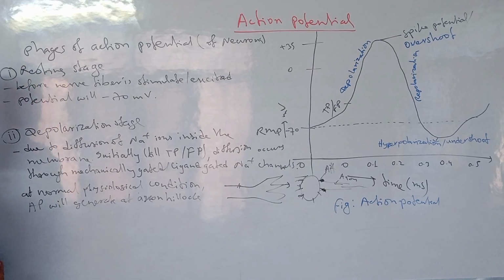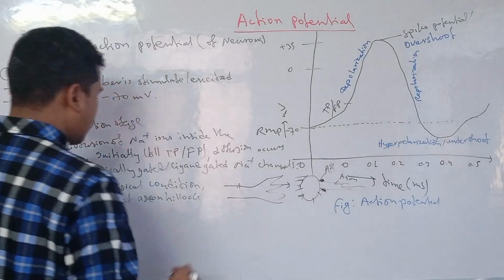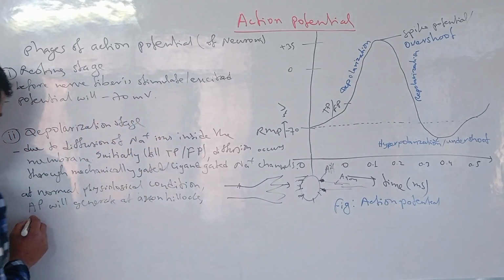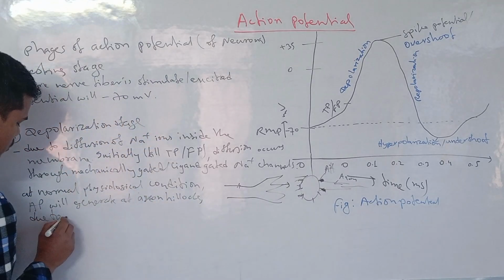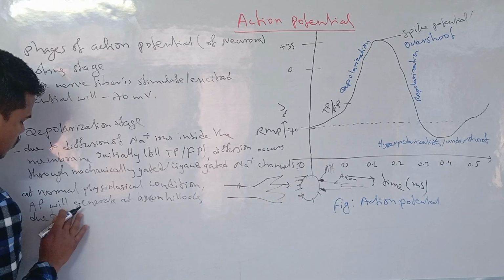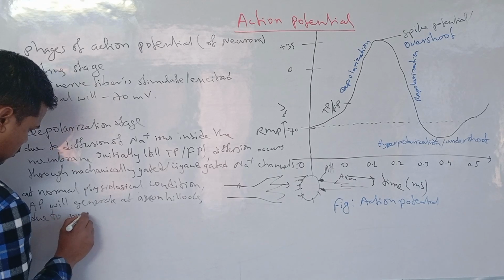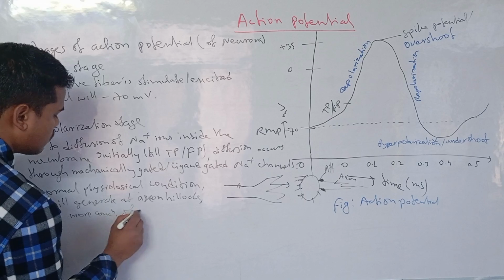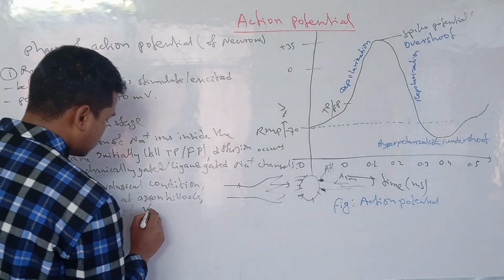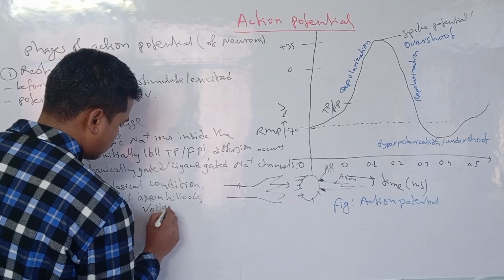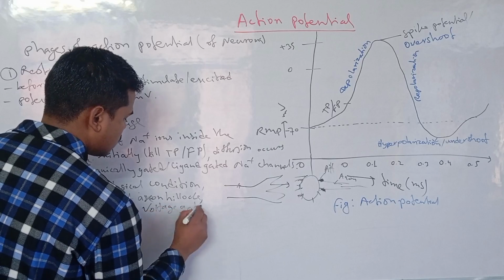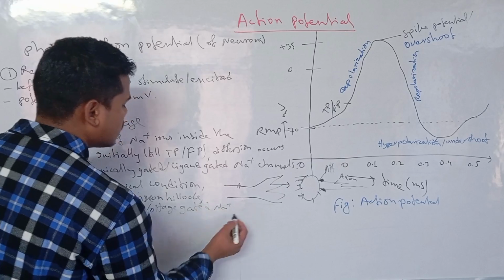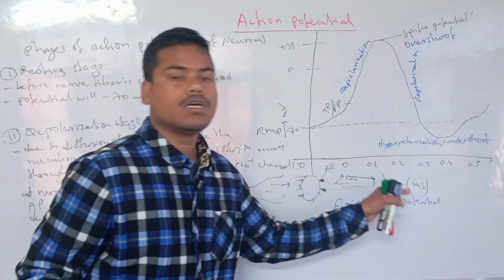The reason why it occurs at the axon hillock is because of a greater concentration of voltage gated sodium channels than other parts of the axon.